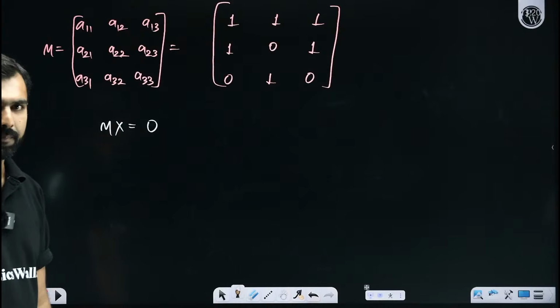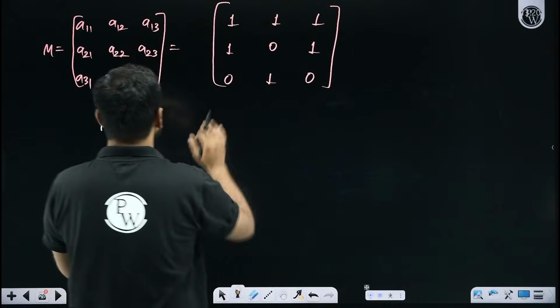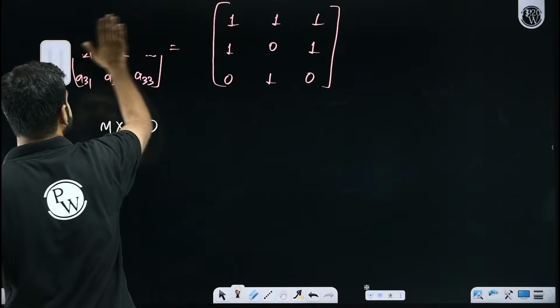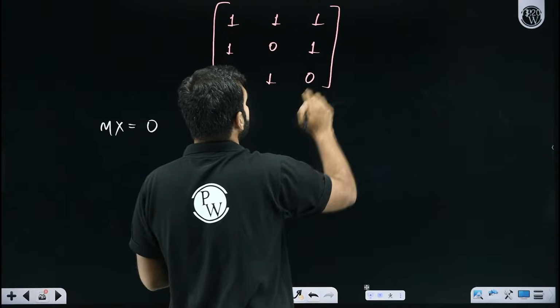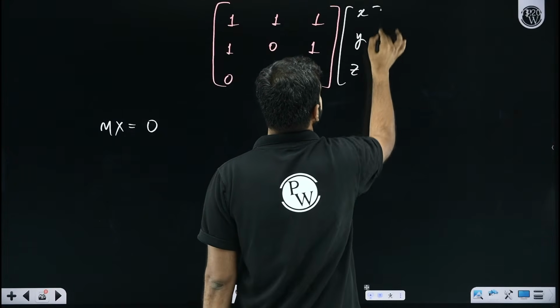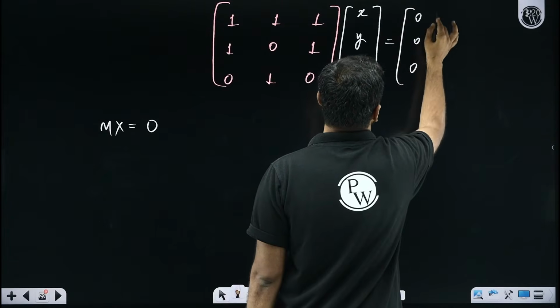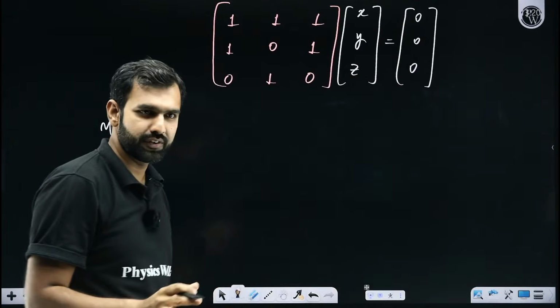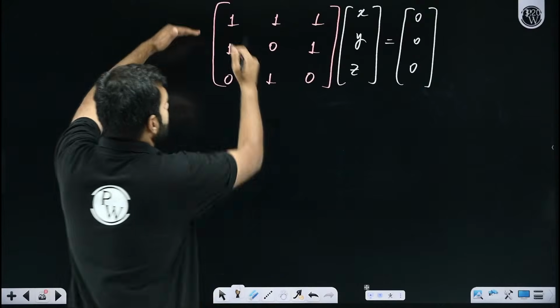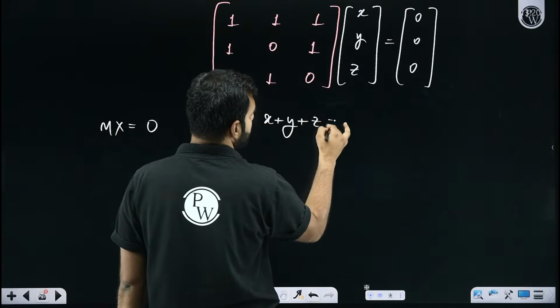I hope you got this. Now from here, what is M? M is this. So let me define X. X is of course a variable matrix, so there should be x, y and z, and this product should be equal to that null column matrix, which is 0, 0, 0. Again, I'll be having those same kind of equations. Everyone getting this? So the first equation will be x plus y plus z, which should be 0.